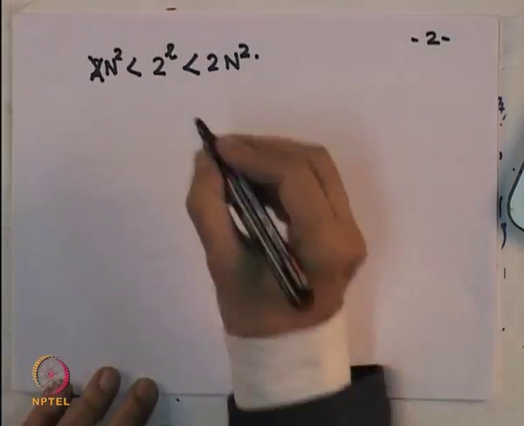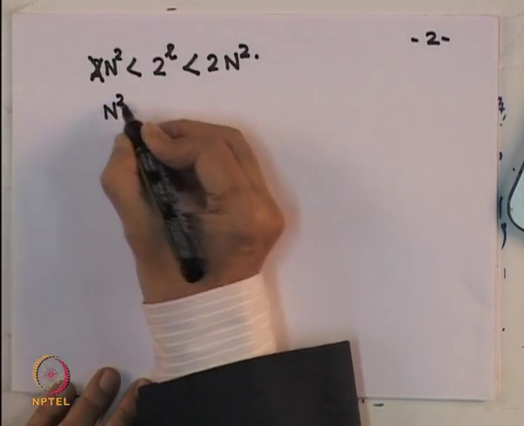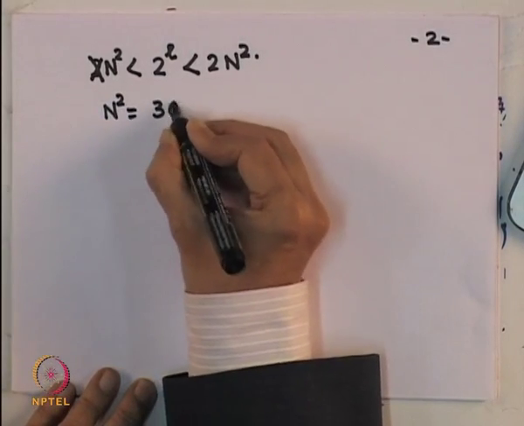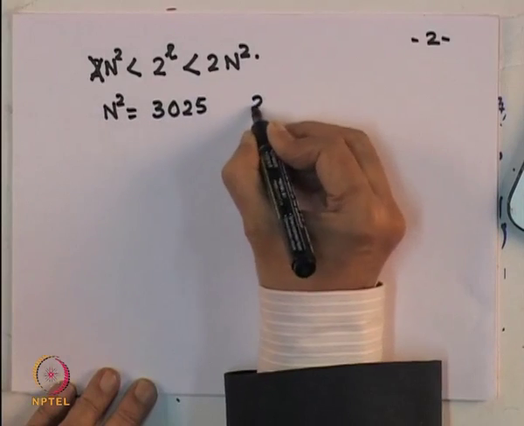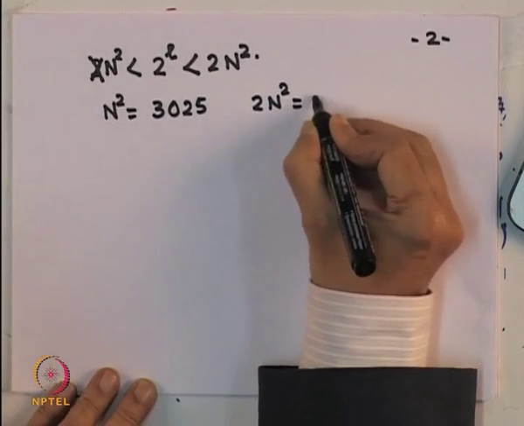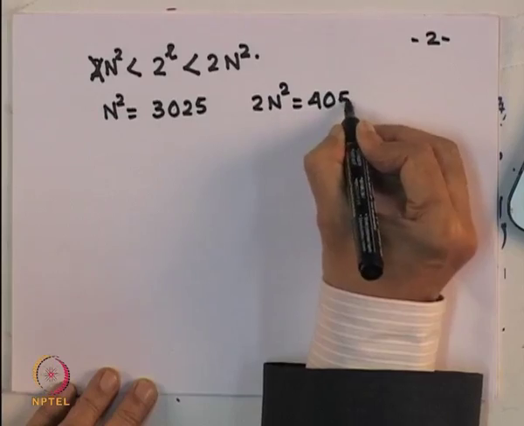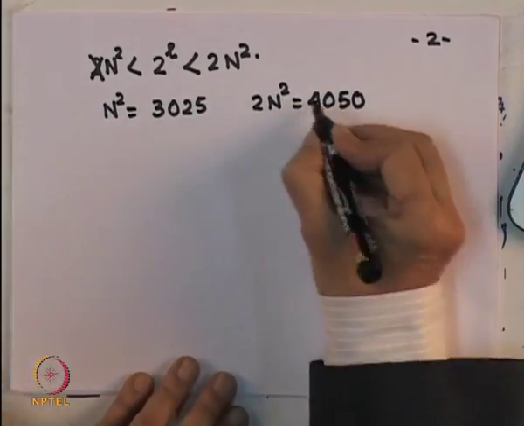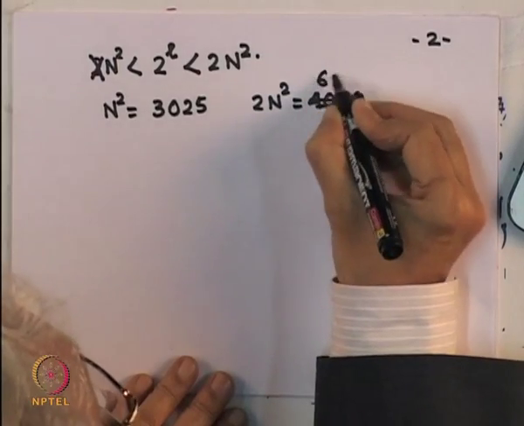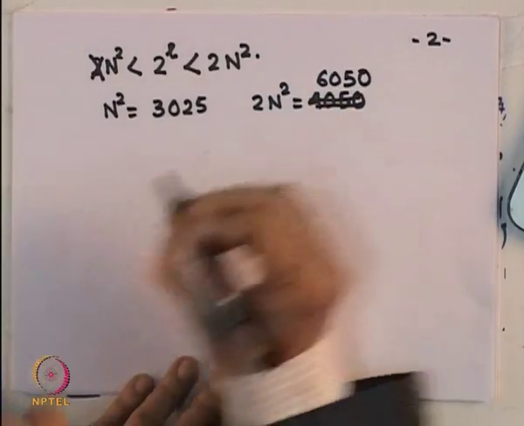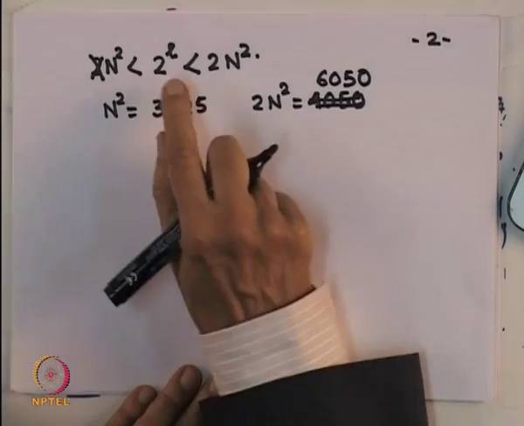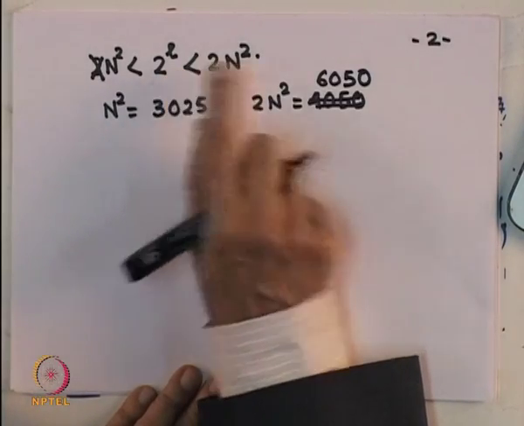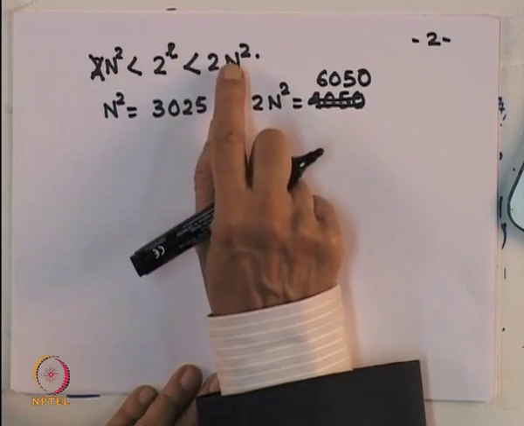A simple calculator will tell you that n square is 3025 and 2n square is 6050. So I can find out what is the L value which satisfies this inequality.